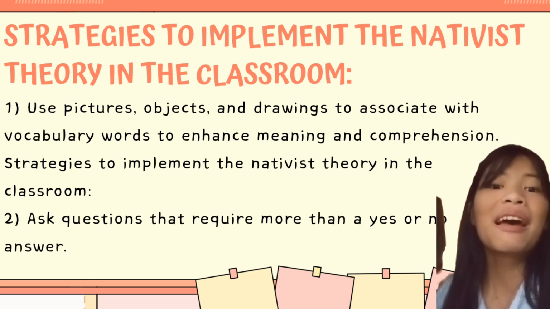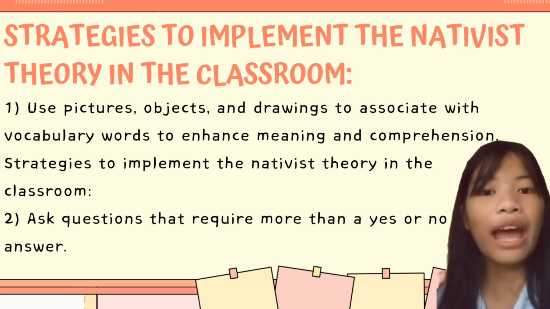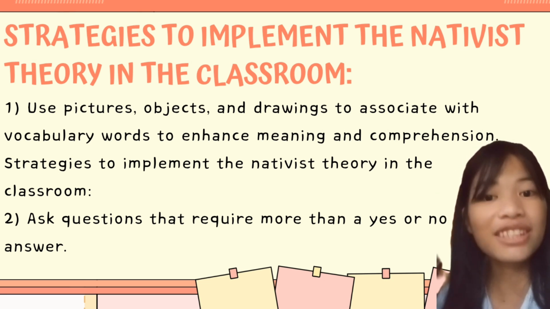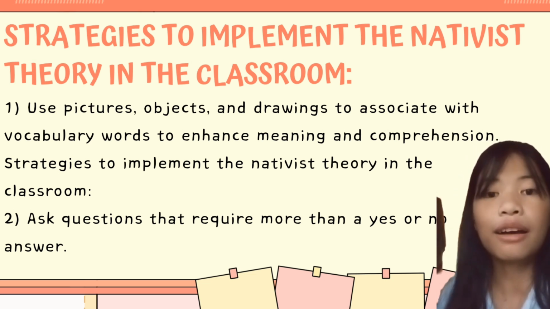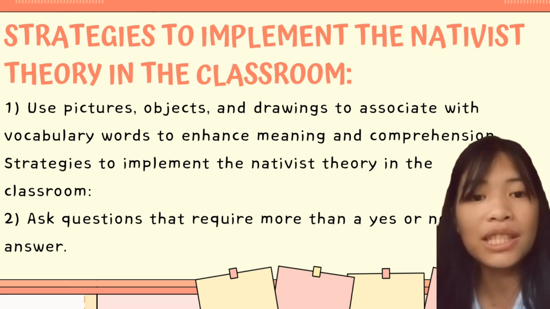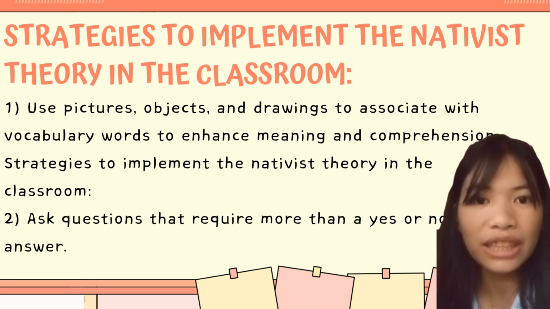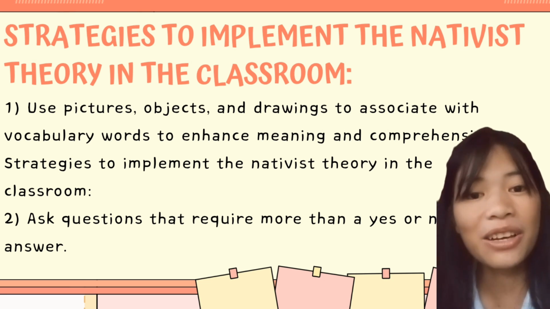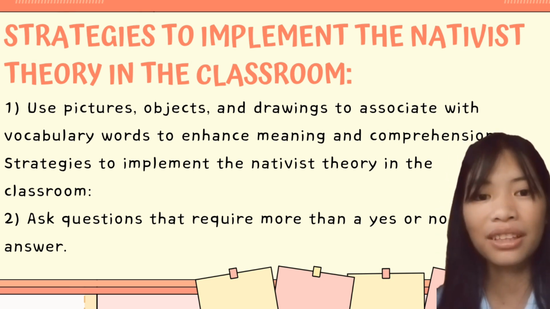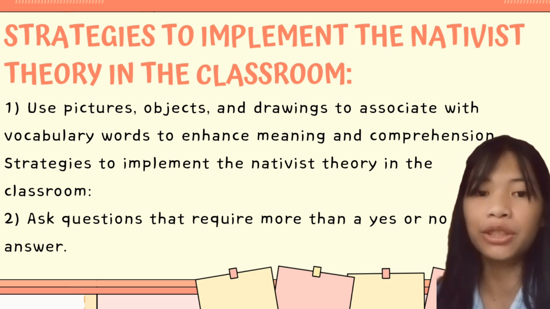For example, play rhyming games or act out a story. Make learning fun and let them use language in different ways. Another example is to let them tell about their day. So number 2, ask questions that require more than just a yes or no answer.